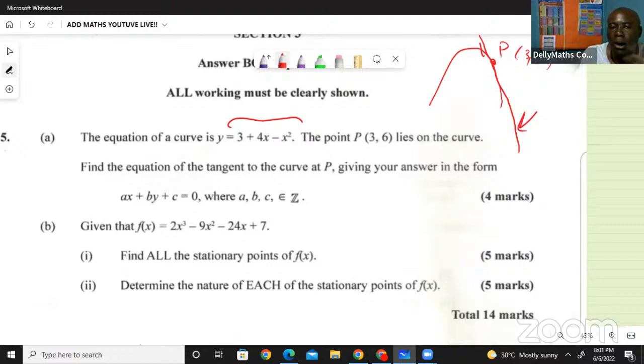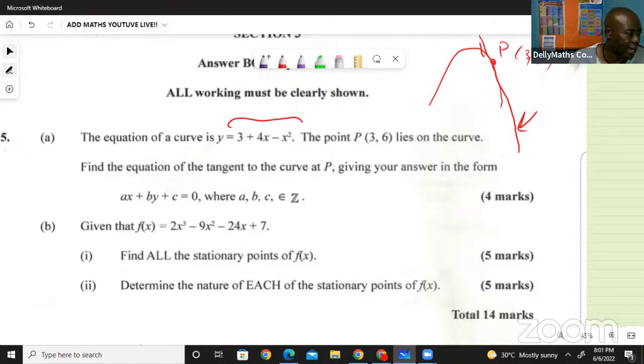Remember though, all I'm going to do is use calculus to find the gradient function, because gradient is the boss of calculus, all right? So I'm going to find the gradient function.